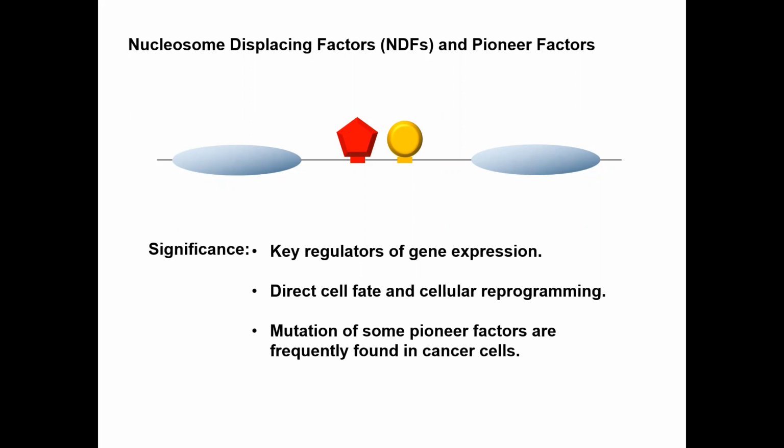These factors often function as master regulators that direct cell fate and cellular reprogramming. Probably many of you know the four Yamanaka factors that are responsible for generating iPS, induced pluripotent stem cells. Out of the four factors, three of them are considered pioneer factors. And mutations of these factors are often implicated in human disease.